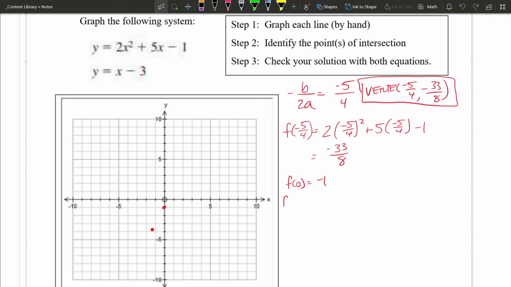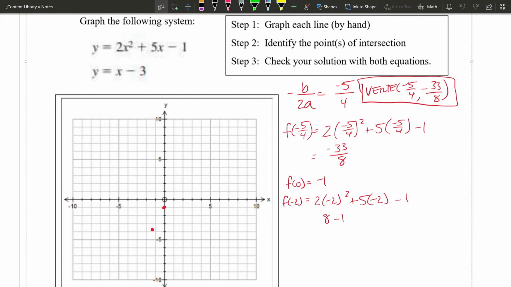That'll be 2 times negative 2 squared plus 5 times negative 2 minus 1, which will give us 2 times 4, so 8, minus 10 minus 1. So 8, 9, 10, 11. Wait, what did I mess up?